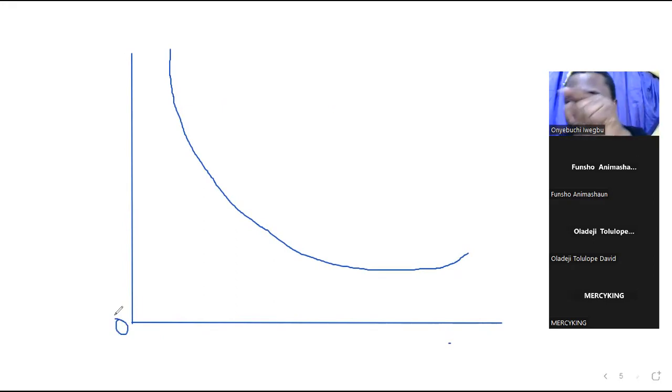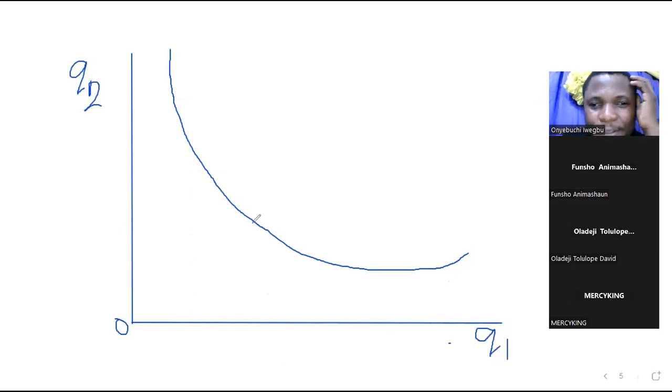So Funsho's 5 marks does not stop Olandeji's 5 marks. If you feel it is correct, you can say it is correct. If you think it is wrong, you can say it is wrong and tell me the answer. What do I mean when I say the indifference curve is convex to the origin?